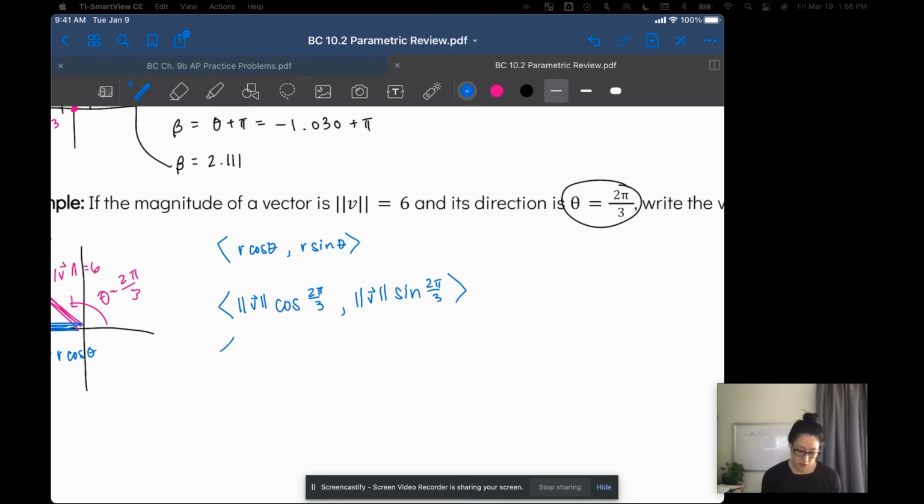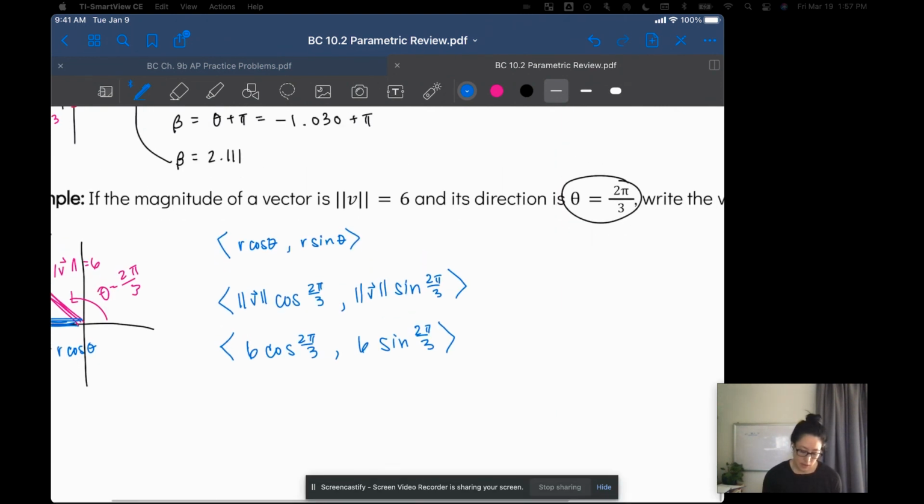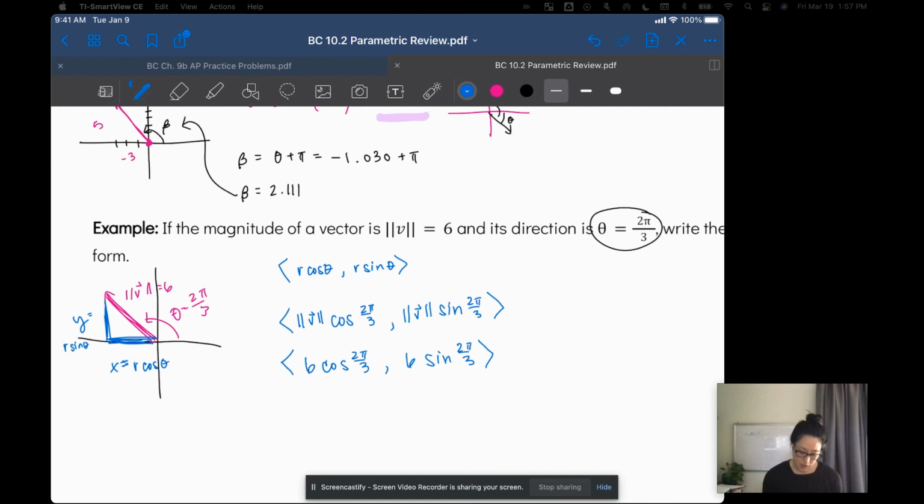Okay, let's sub in: 6 times the cosine of 2 pi over 3, comma, 6 times the sine of 2 pi over 3. You can probably skip a lot of these steps. The cosine of 2 pi over 3 is equal to -1/2, so you have 6 times 1/2, because this angle here is 60 degrees.